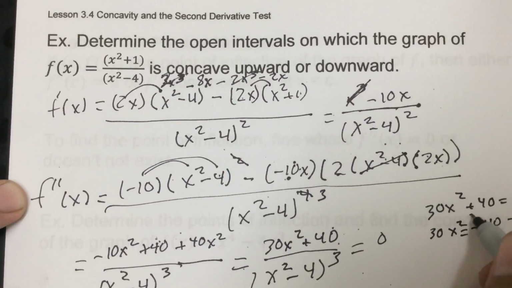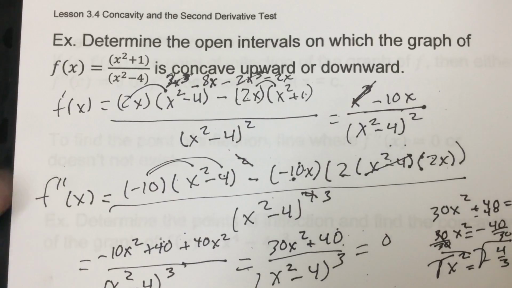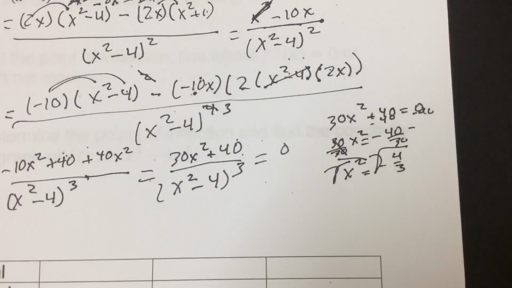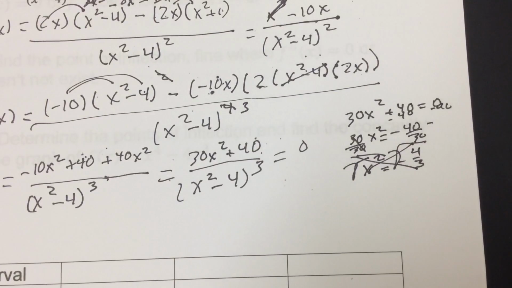So we'd subtract the 40 over. Well, if we divide by 30, we get x squared equaling negative 4/3. Well, when we square root, we're going to square root a negative. I'm off the screen, sorry. Which means that causes an issue.